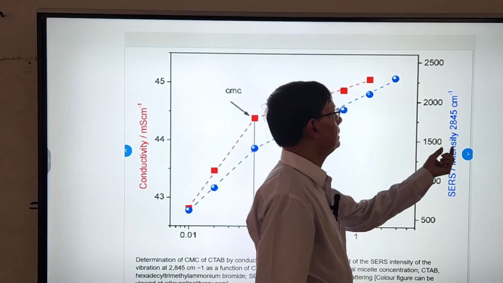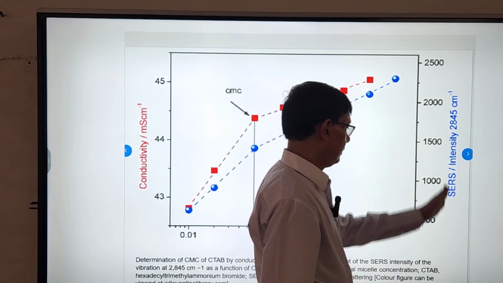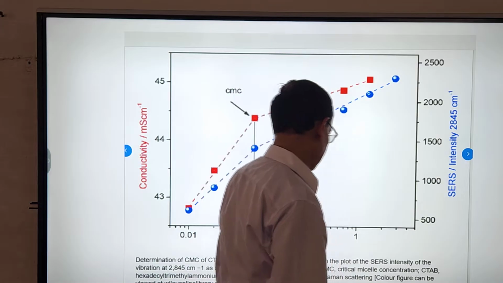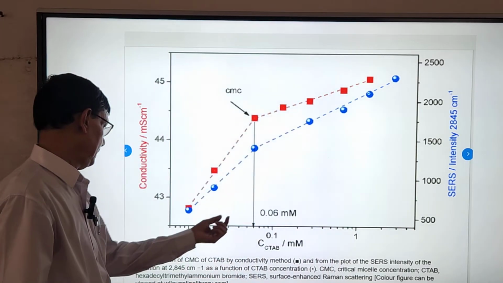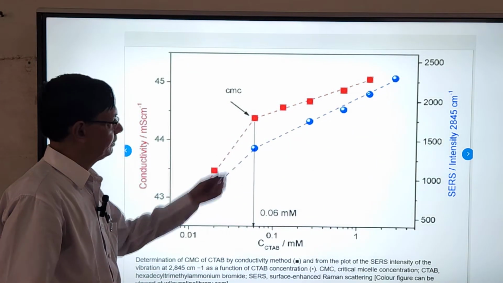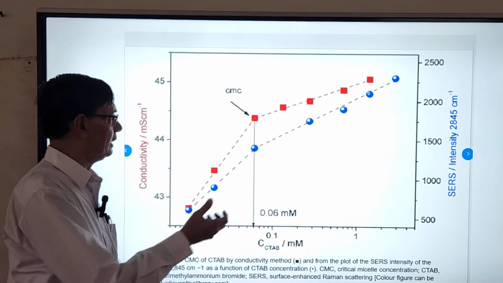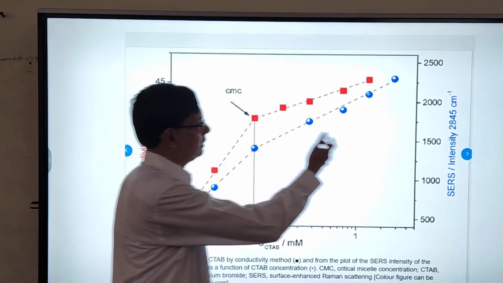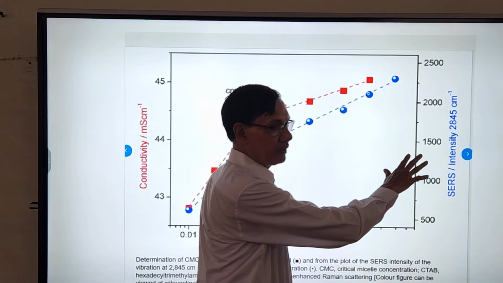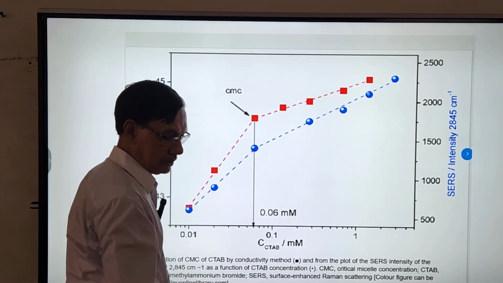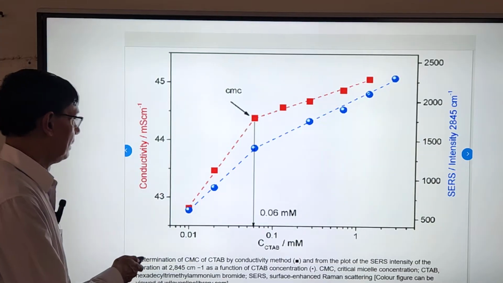They are measuring the intensity. So whatever the method, whether it is observed conductance or surface enhanced intensity, the breakpoint is the same.